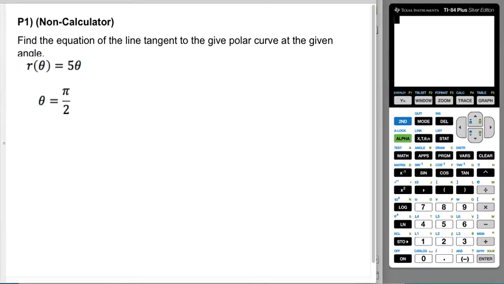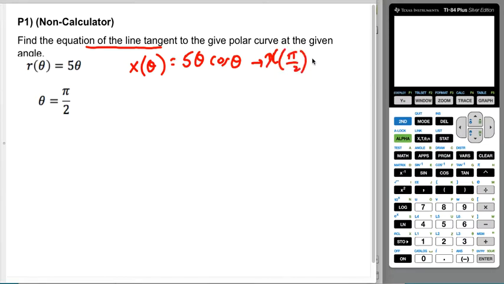All right, let's try the same thing for P1, right? Again, equation of a line tangent, so you need both a point and a slope. Your x of theta is r cosine of theta, right? Which means that x of pi over 2 is going to be 5 pi over 2 times 0, or just 0, right?